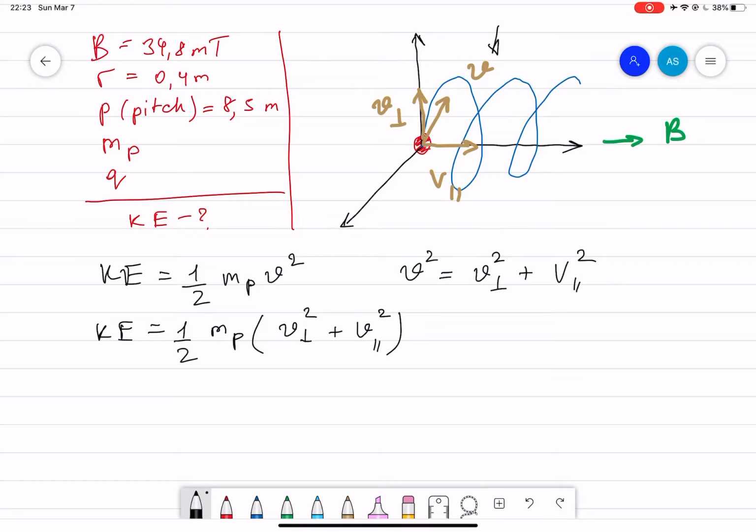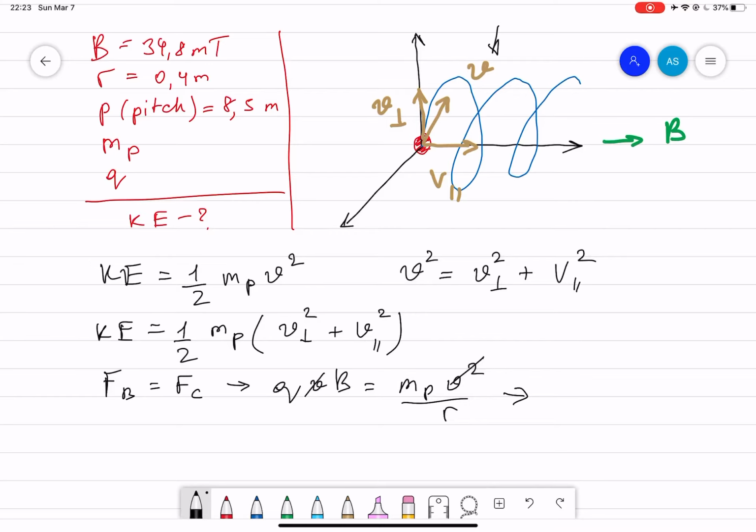The next formula we're going to use is FB is equal to FC. That will give us QvB, which is equal to the mass of the proton, v squared over r. Okay, so one v will cancel out.